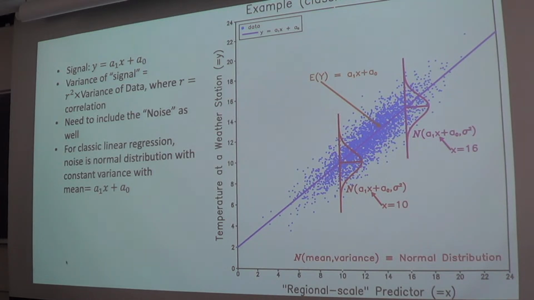In classic linear regression, that assumes the noise is Gaussian, and it assumes that the spread, the standard deviation of that Gaussian, is just fixed. It doesn't change. It doesn't depend on your predictor here.